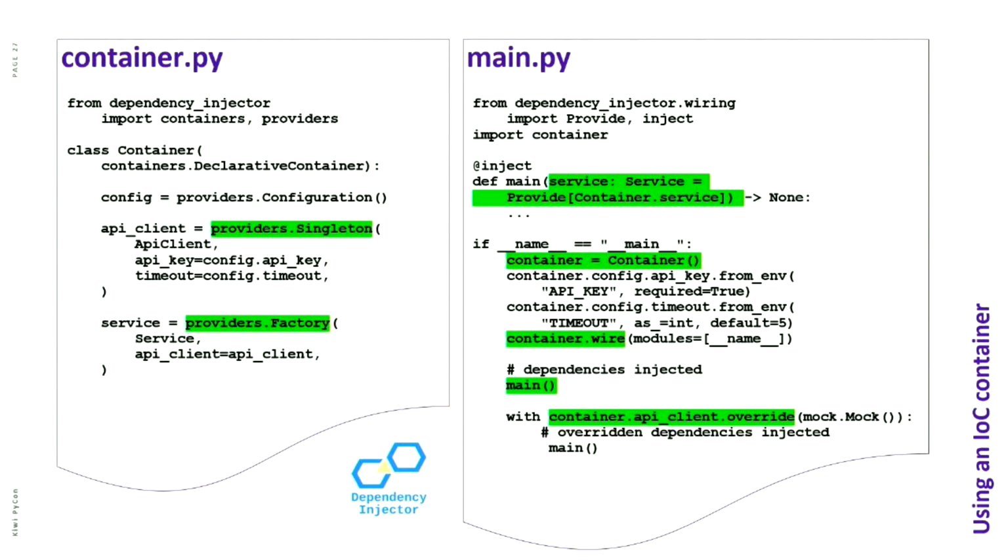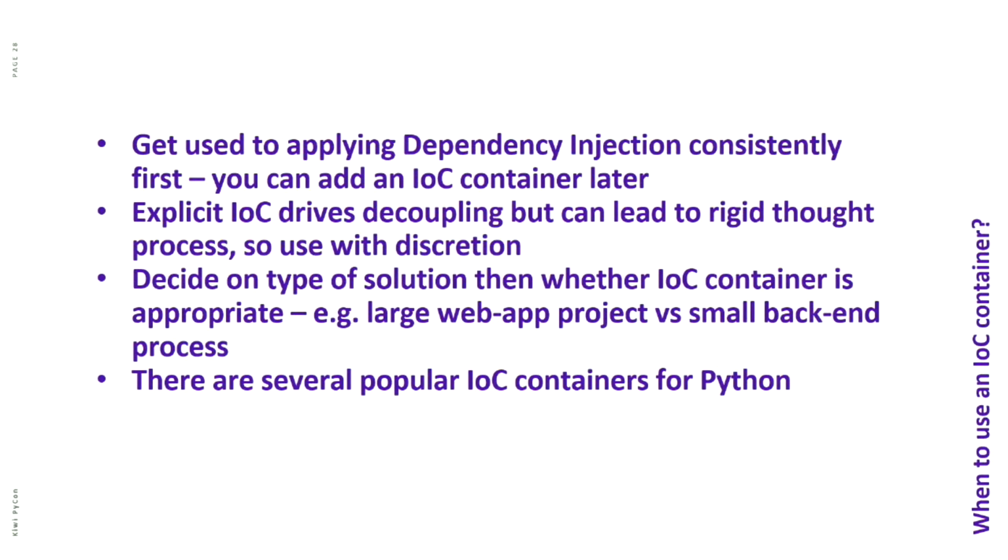So the other thing to have a look at is the container.wire method. That basically stitches the whole lot together. There's obviously a bit of stuff going on in the background there. So yeah, I think that's probably all for that slide.